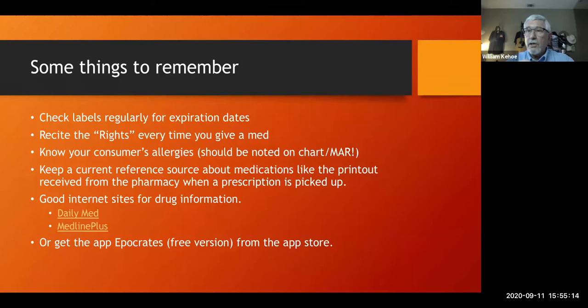I get the bottle, and it has an expiration date on it. That date is determined by the manufacturer. What that date guarantees me is that at least 90% of the stated potency of that drug remains until that date. After that, it might be less than 90% of that stated potency, so you're not getting enough medication to do the job. So that's what's in an expiration date.